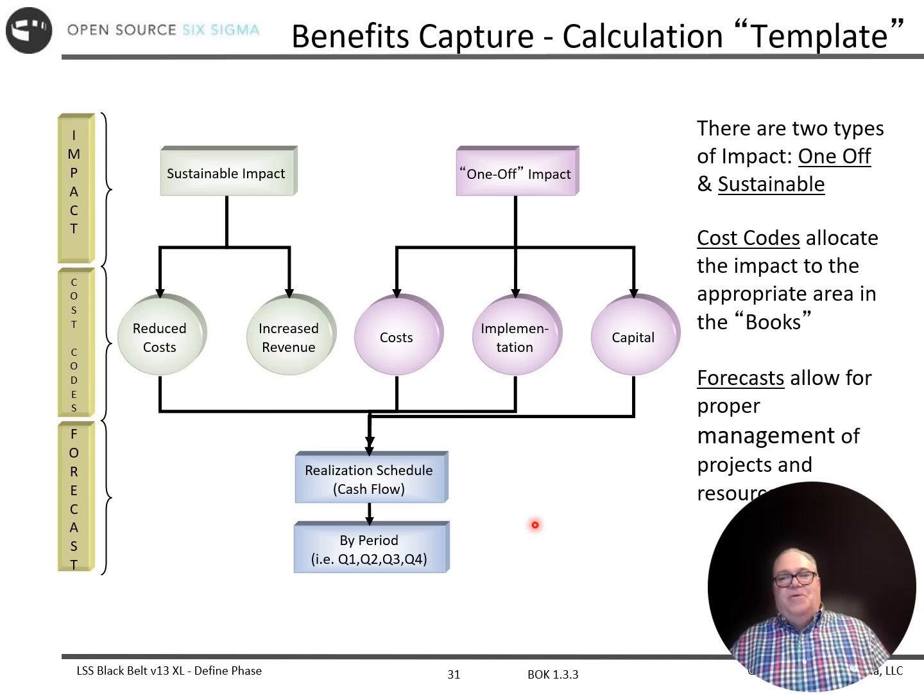Whereas if I did a really big project, maybe the savings wouldn't come until the second or third quarter next year. So I've spent all that time without getting those incremental savings along the way. So we need to know when the savings are going to appear, and that goes along with the project schedule.